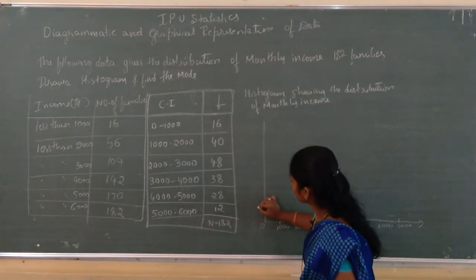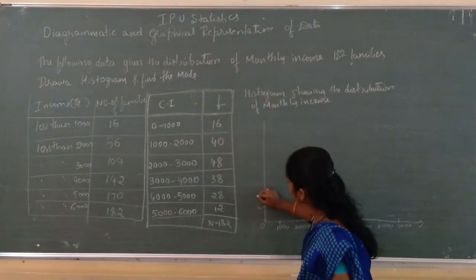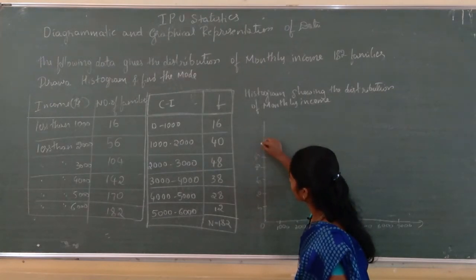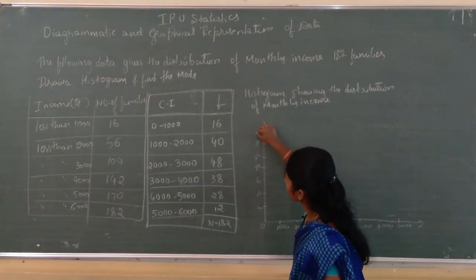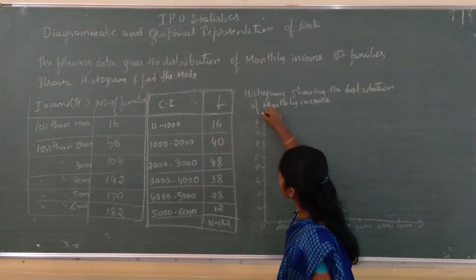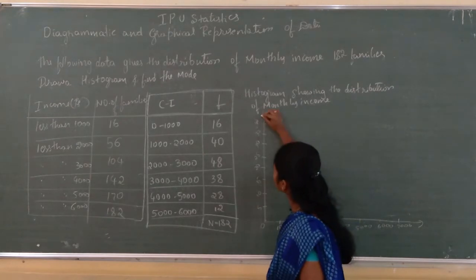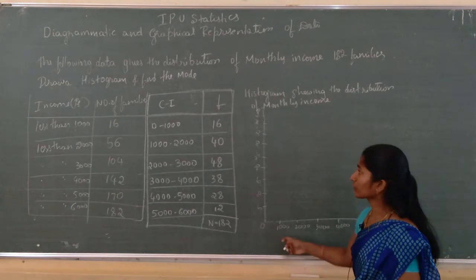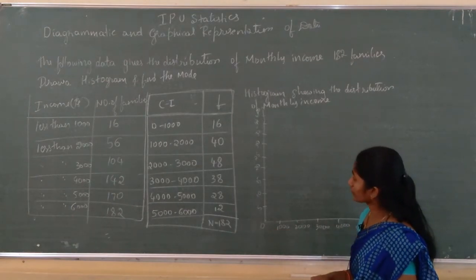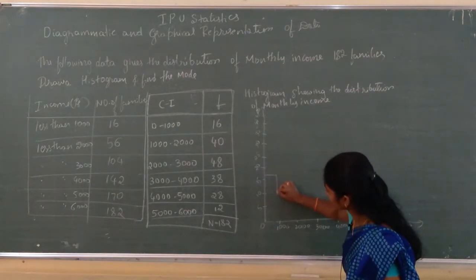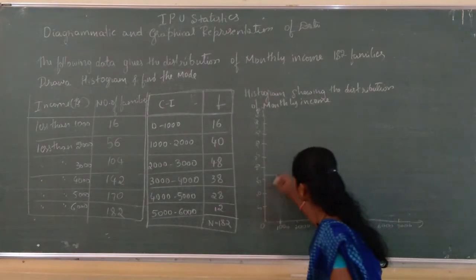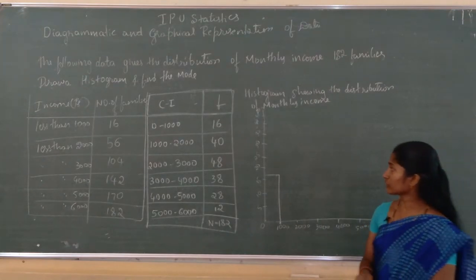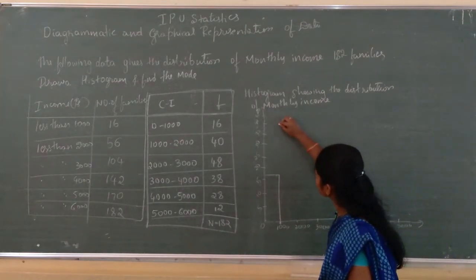Here I will take 5, 10, 15, 20, 25, 30, 35, 40, 45 and 50, like this. Now 0 to 1000, we should mark 16, like this way. 1000 to 2000, that is 40.